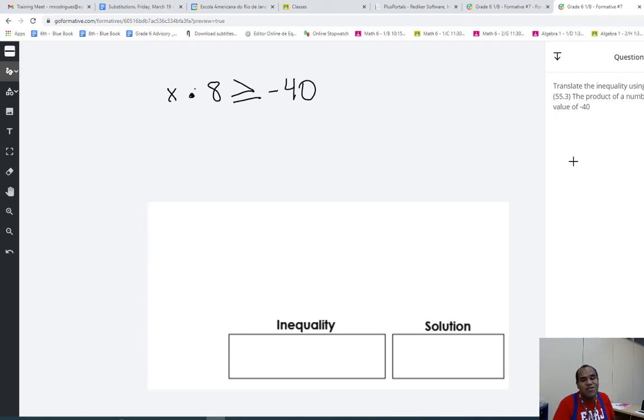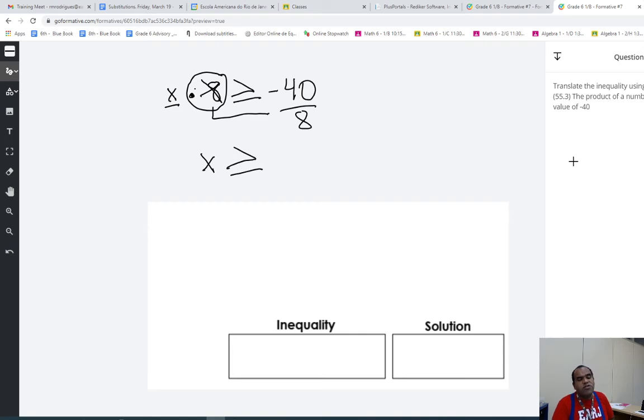Let's right now solve this one. Where is my variable? Here. The math operation tied to the variable is multiplying 8. The opposite is dividing 8. X is a positive number, okay guys? I don't flip it.